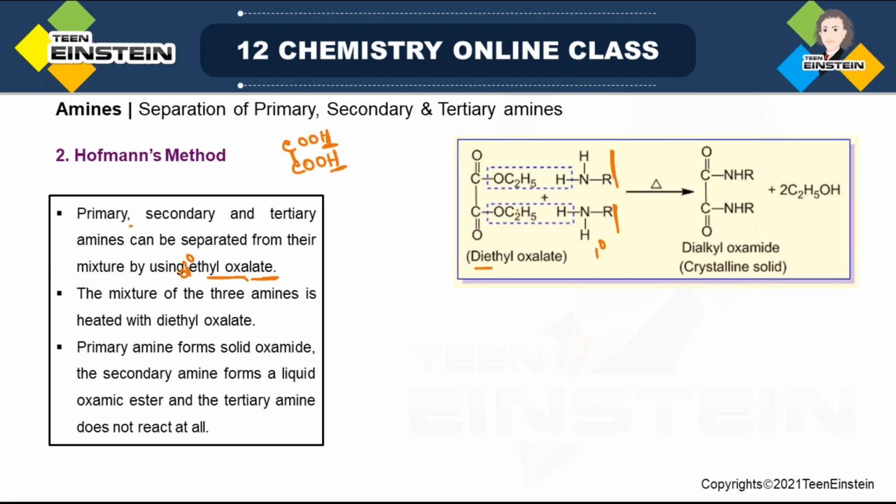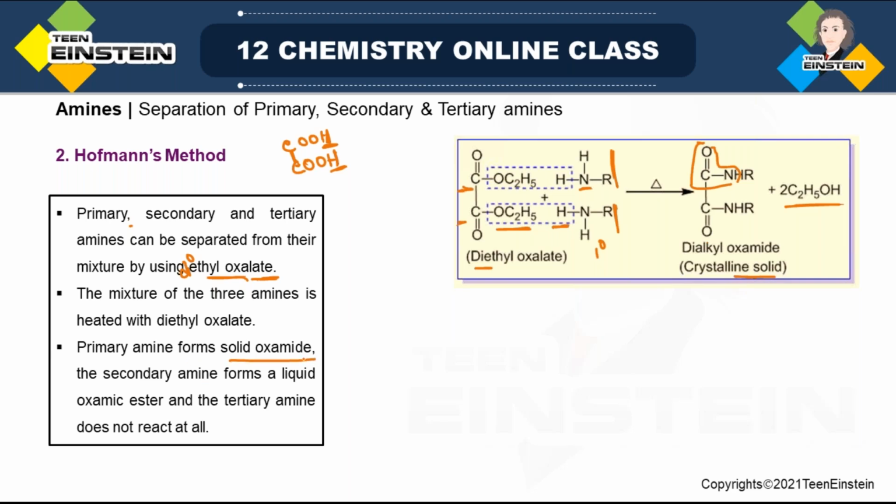Now if you look at this dotted region, this OEt group and H is removed, that means 2 ethanol will be removed, and this CO is now connected with R in each. So this is a crystalline solid. You can call it dialkyl oxamide because this is also amide. See, CONH group is present, but the amide is 2 times connected to each other. So that is why dialkyl oxamide.